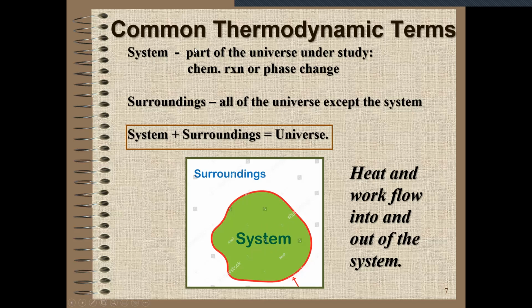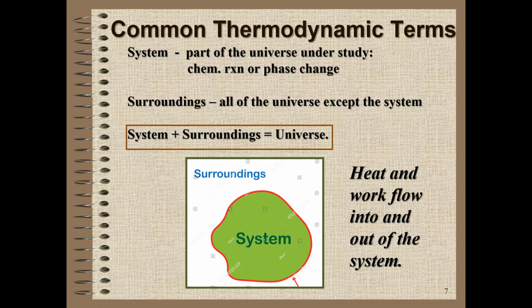So again, you should know these terms. The system is a part of the universe under study. The surroundings are all of the universe except the system, and the system plus the surroundings equals the universe. Not the real universe, but just the universe of study. Does that make sense? Because we're not studying all the galaxies and stars and stuff like that.